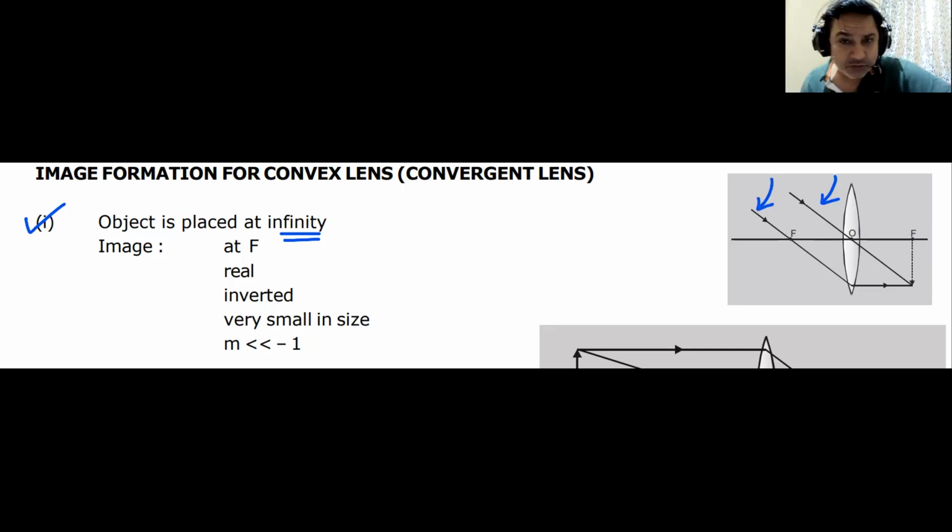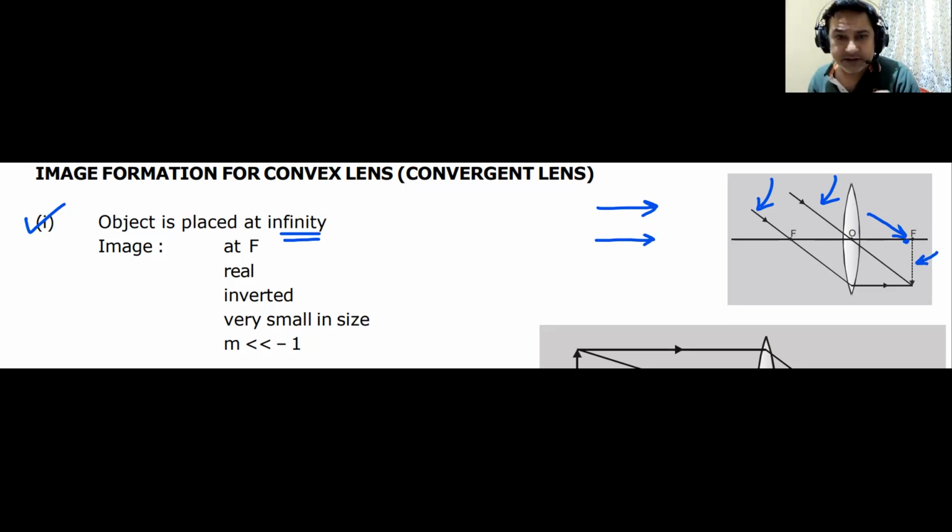They are not parallel to principal axis. Remember, note it down. If these lines were parallel to principal axis, the image would be formed exactly at the focus, right here. But if they are not parallel to principal axis, the image is somewhat enlarged.